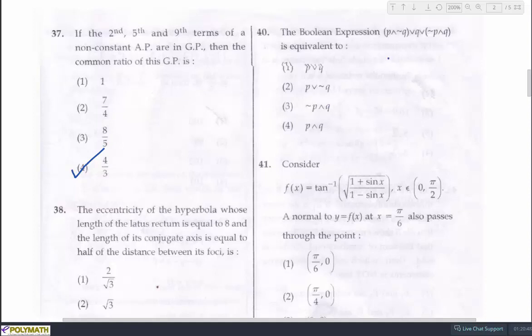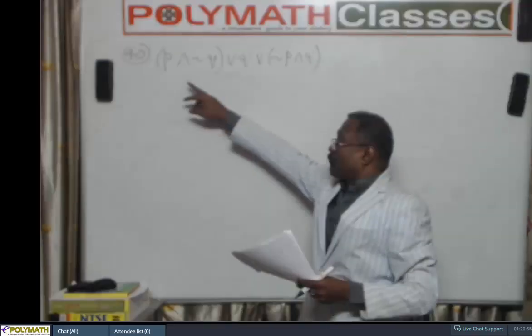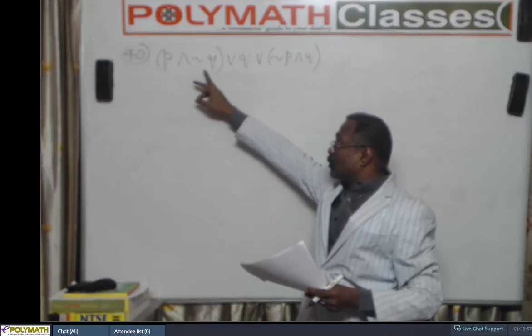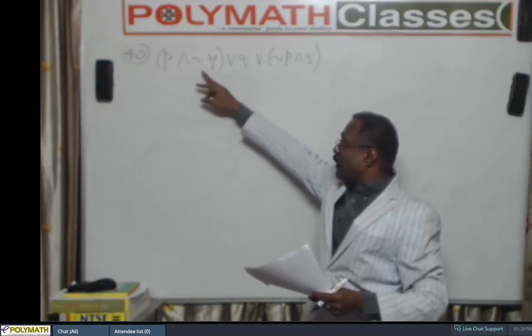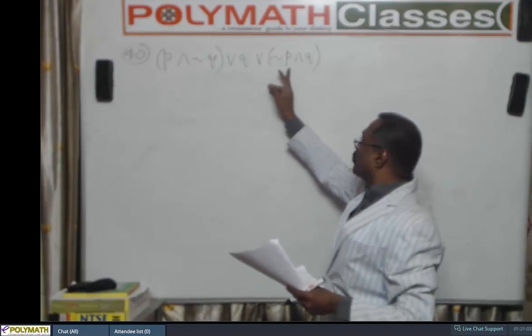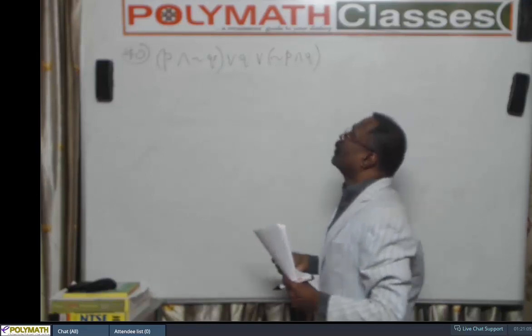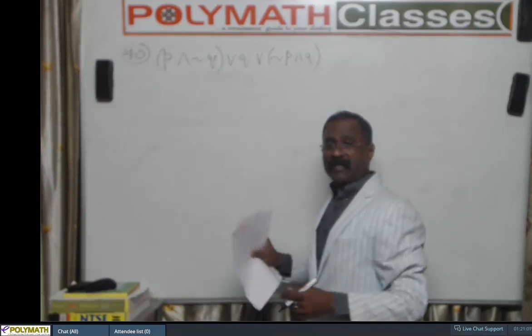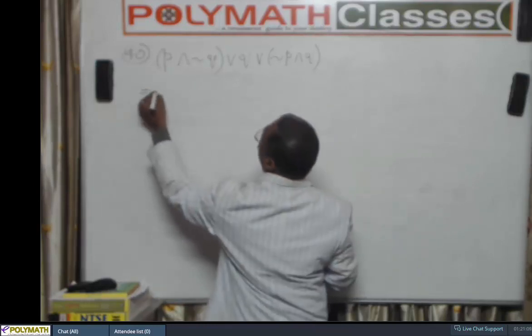This is what is given. Let me show you that. P or negation Q, P and negation Q, or Q or negation P and Q. Let us distribute this, usual distribution.